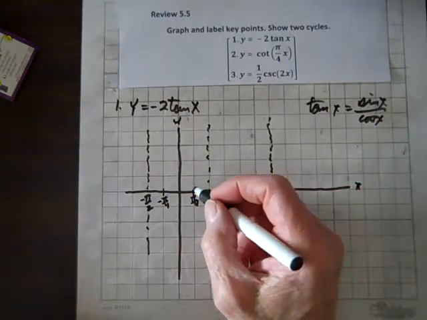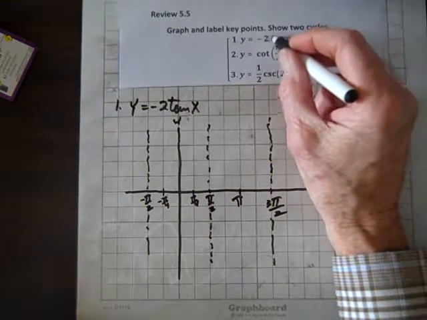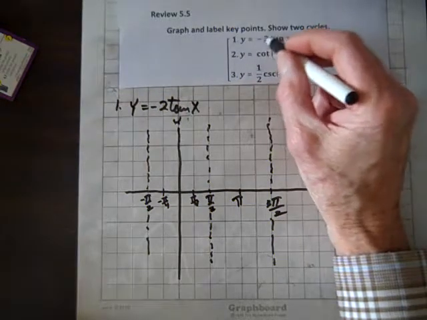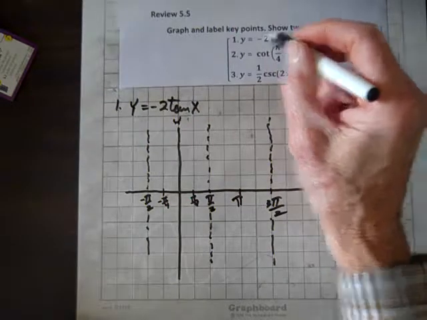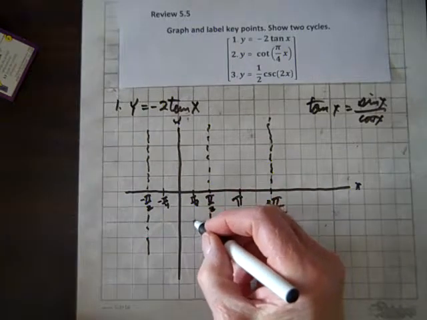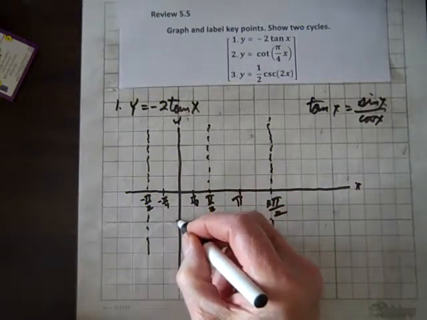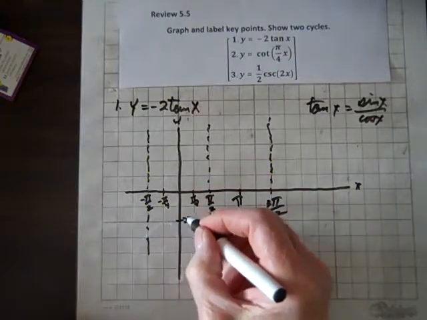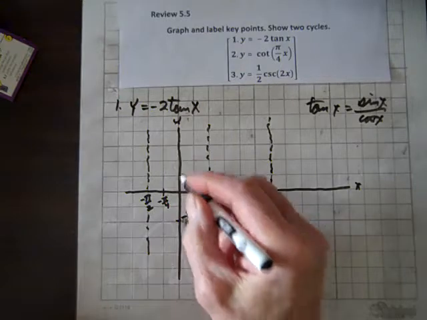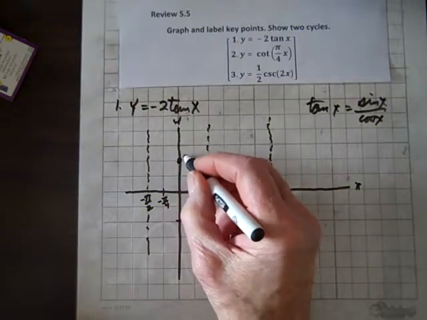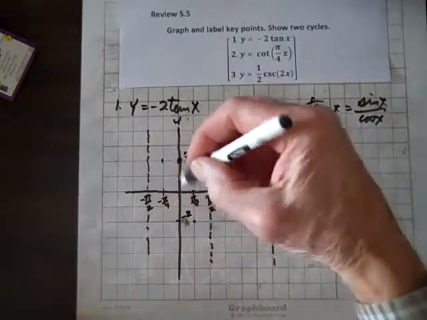And will you agree the tangent of pi over 4 is 1, and 2 times 1 is 2, and negative 2 times 1 is negative 2. So we're going to hit pi over 4, and we'll call this 2, negative 2, I beg your pardon, negative 2, and 2. Okay, so we're going to hit these 2 points.